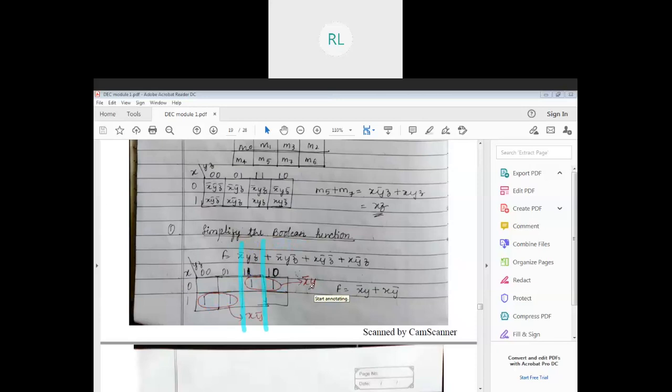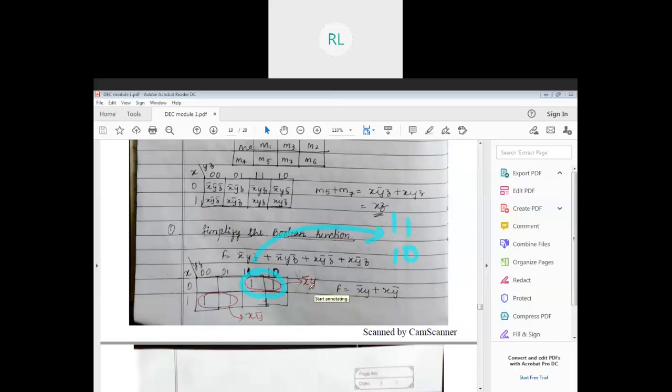If I fold this towards this line, then what is going to happen towards this line and towards this line? These 1 and 1 are going to overlap each other. Since they overlap, I am going to group them together.